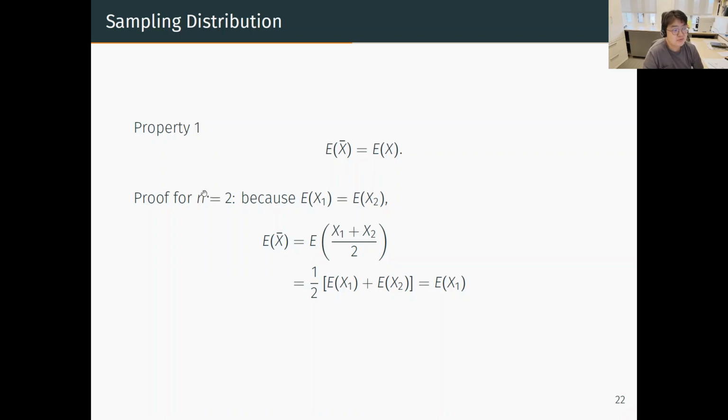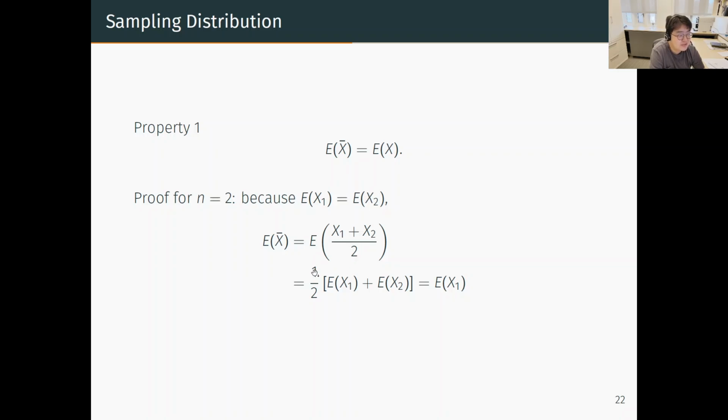Then a simple proof for the two-dice case. You know the first dice and second dice have the same expectation because they follow the same probability distribution. Then the sample average takes this form, and its expectation goes like that, which is a linear form.